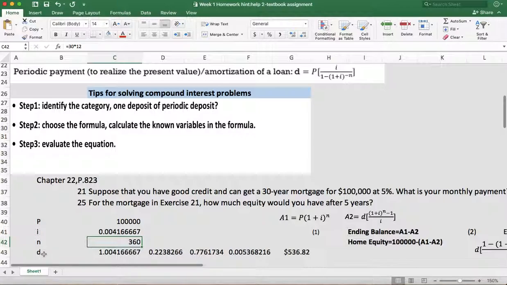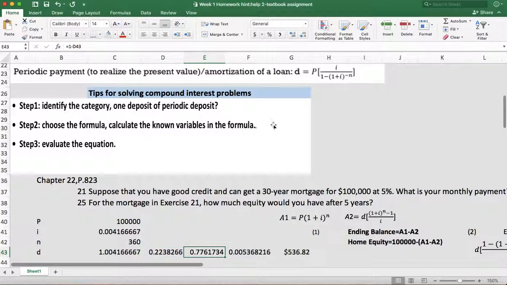and get the D. How to do it in Excel? Just please do it step by step. I already did it here. Step one is calculate 1 plus I. Step two is calculating 1 plus I to the negative n power. Got this number?